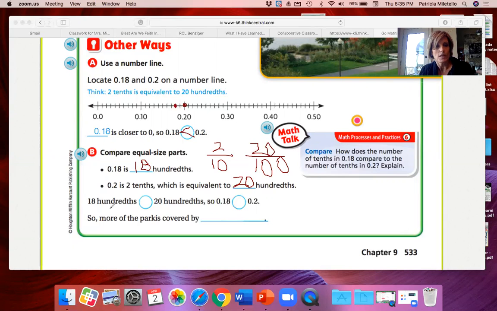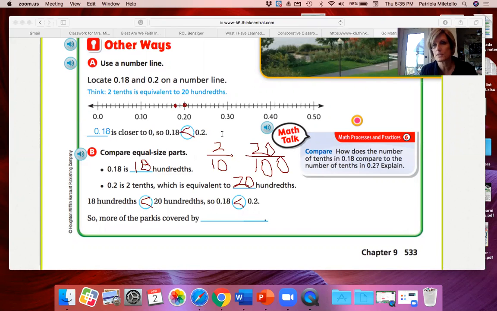So 18/100ths is less than 20/100ths, so 0.18 is less than 0.2. So more of the park is covered in, well, let's remind ourselves up here. It was said that 18/100ths of the park is covered by water and 2/10 of the park is covered by paved walkways.